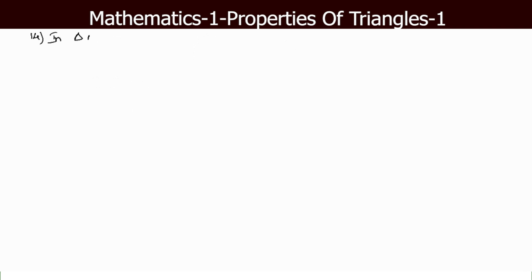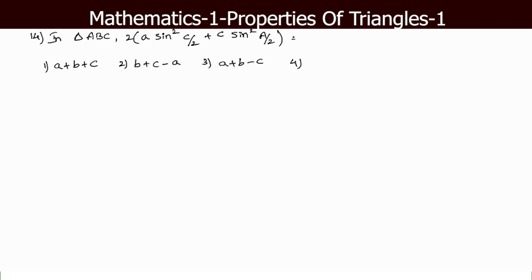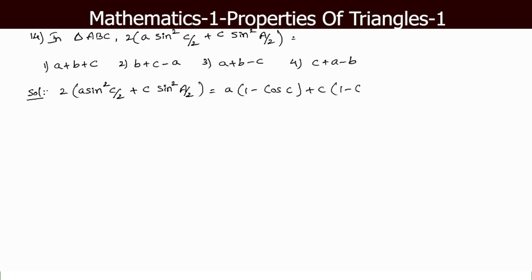Next, 14. In triangle ABC, 2 into (a sin square C by 2 plus c sin square A by 2) is equal to: 1, a plus b plus c; 2, b plus c minus a; 3, a plus b minus c; 4, c plus a minus b. Now 2 into (a sin square C by 2 plus c sin square A by 2) can be written as a into (1 minus cos C) plus c into (1 minus cos A).